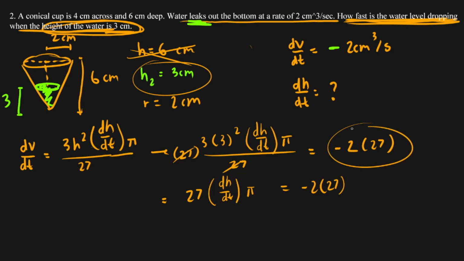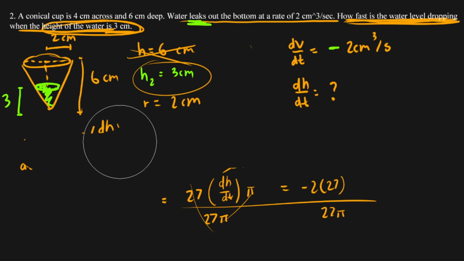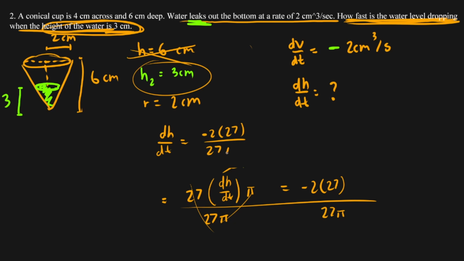I'm not going to multiply these quite yet because we can get rid of the 27 very soon. We're going to divide both sides by 27 pi to get rid of the pi and the 27, because we want to isolate dh/dt. And we're left with dh/dt equals negative 2 times 27 over 27 pi.